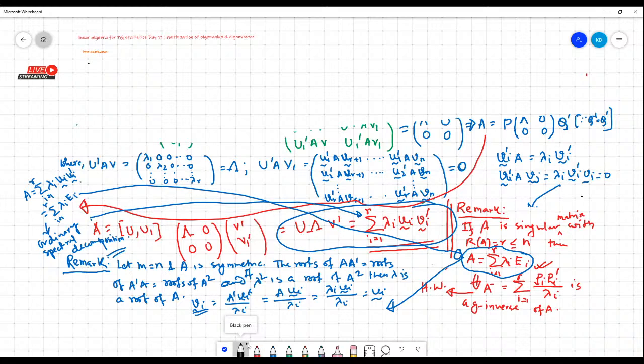Statement: let A of order n cross n be a square matrix with characteristic roots or eigenvalues lambda 1, lambda 2, up to lambda n, which are all distinct.